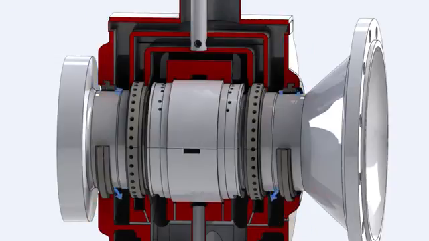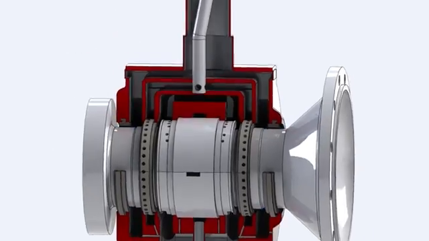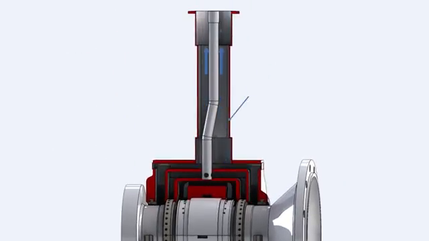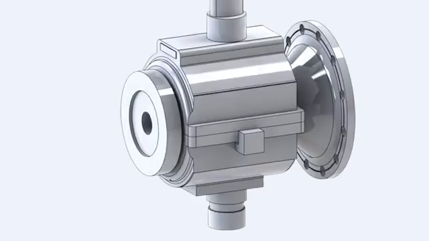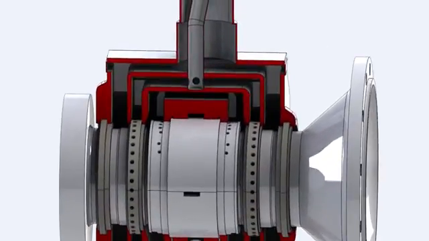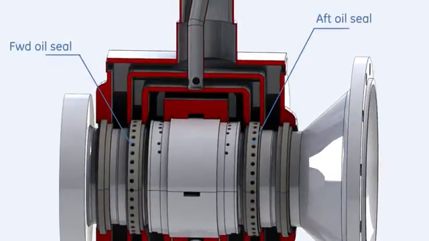The compressed air leaking from the outer labyrinth seals is vented to the atmosphere through a vent pipe mounted on the top of the housing. Inboard of the outer air seals, two pressurized labyrinth seals are located for lubricant control.